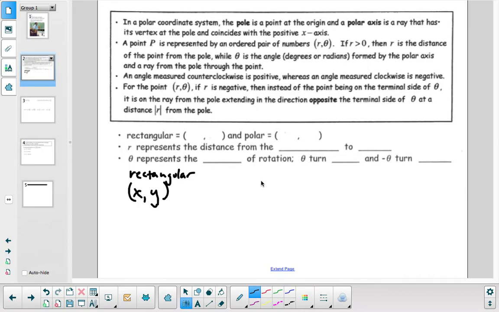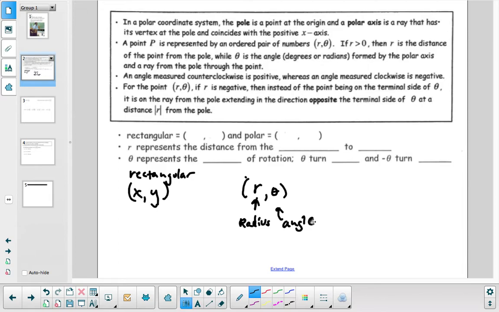So x and y. A polar coordinate has r and theta. R is the radius, and theta is the angle. Just like we've been talking about, we've been plotting a lot of coordinates by having the radius being 1 and then the angle being whatever we need it to be.